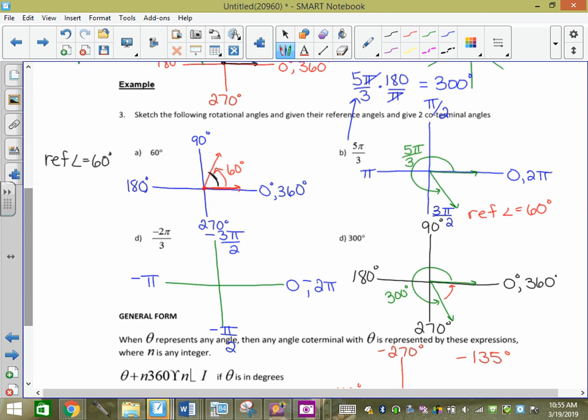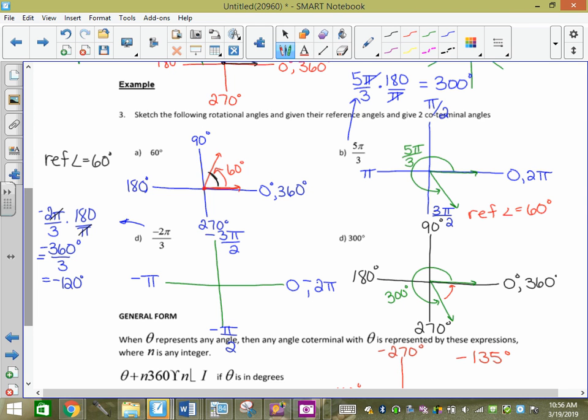So now we need to convert negative 2 pi over 3 to degrees. So we go negative 2 pi over 3, radians to degrees, pi on bottom. So it's going to be negative 360 divided by 3, which is the same as negative 120 degrees.